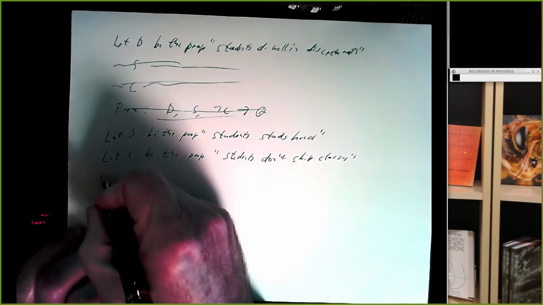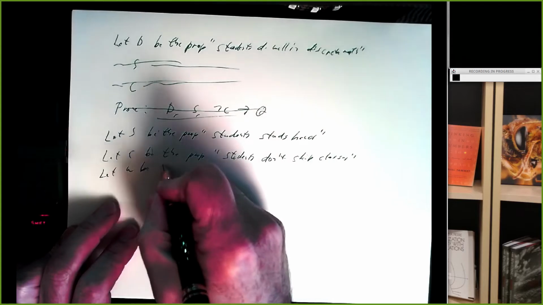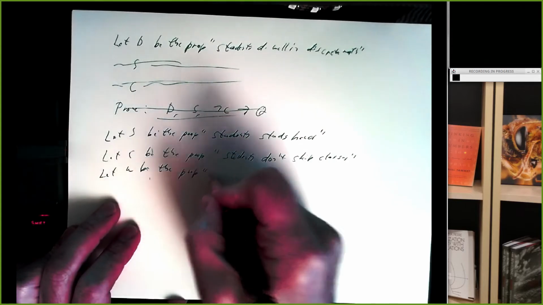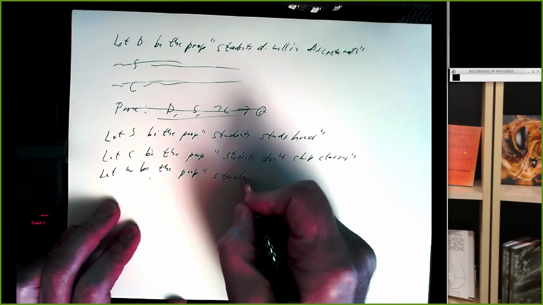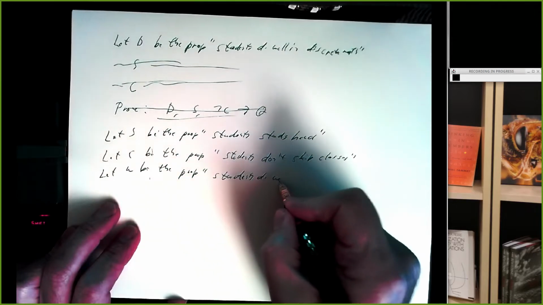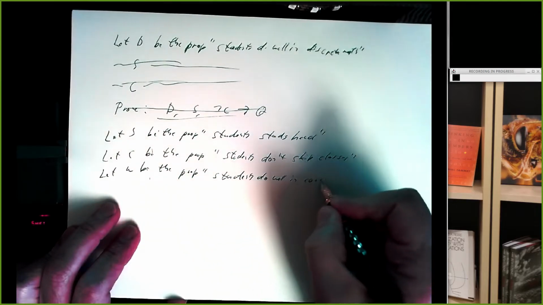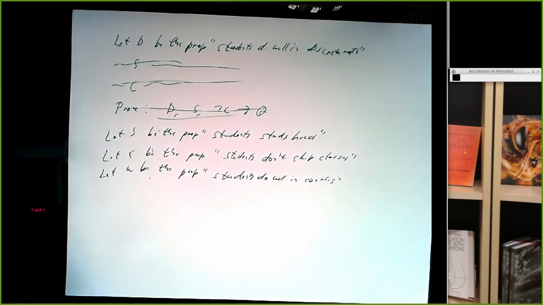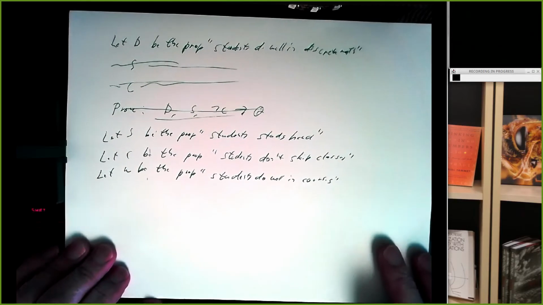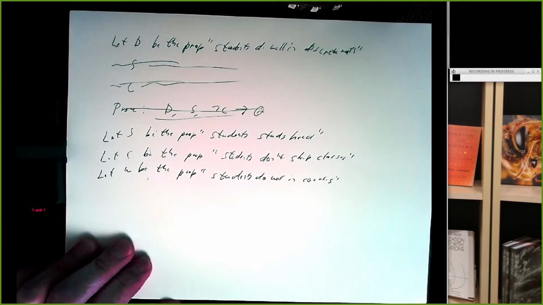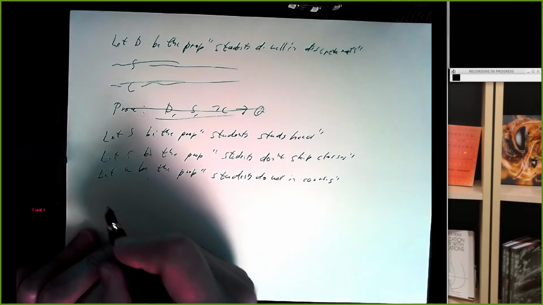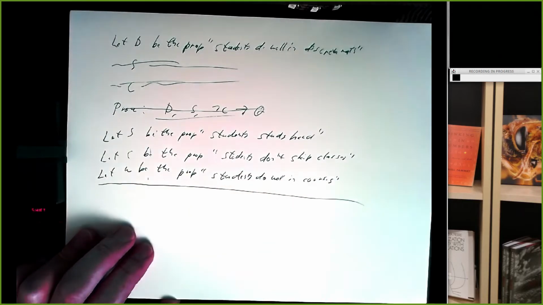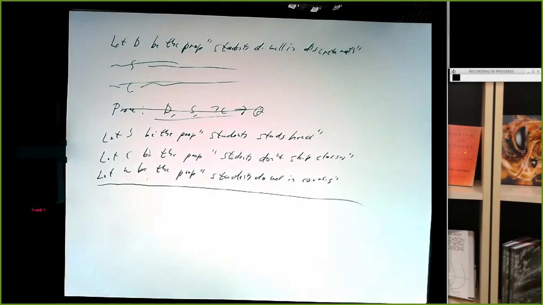And let W be the proposition students do well in courses. The wording on the problem is a little strange because does doing well in a course mean you do well in a discrete math course? We talked about that last time and suggested doing these as two separate propositions. And it should still come out. So two separate propositions still work for me.